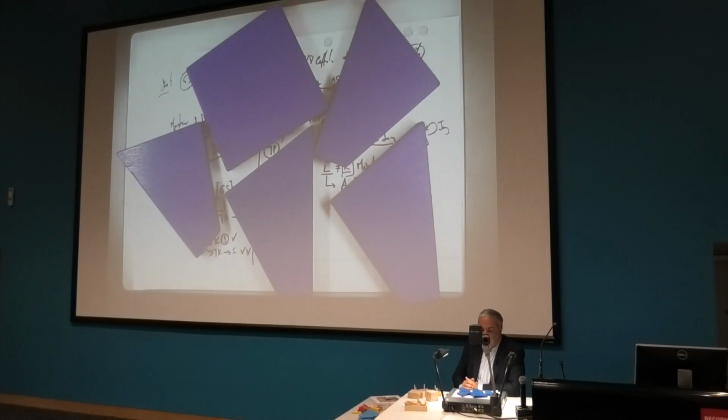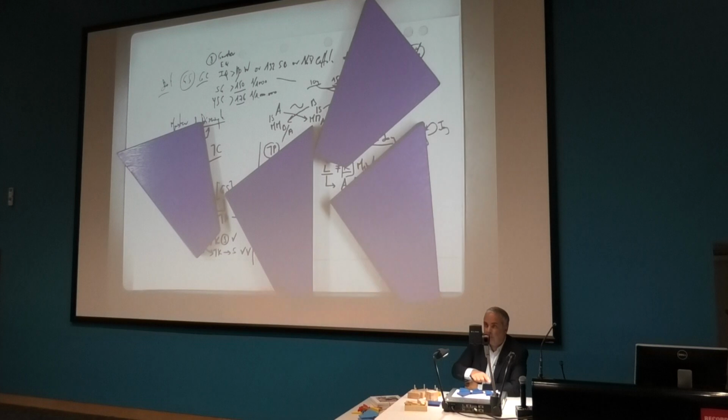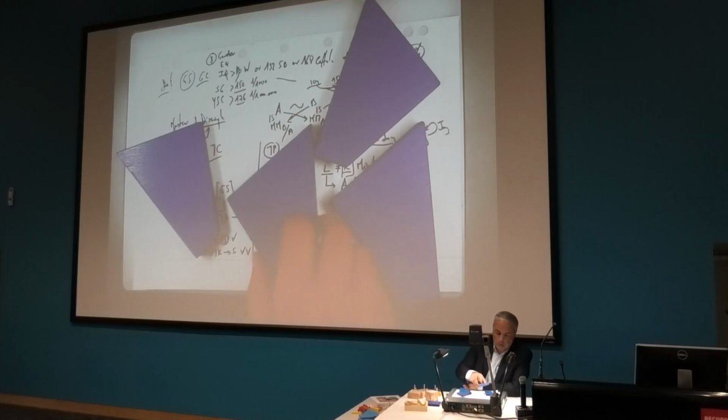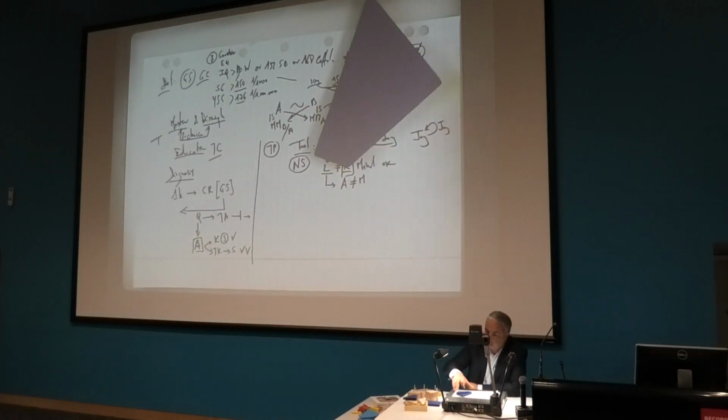At the end of the process, I remove this one, and you have to make a square with the 4. So the specialist of tangram maybe can see it. For the others, more difficult. So I will not show you the solution, of course.